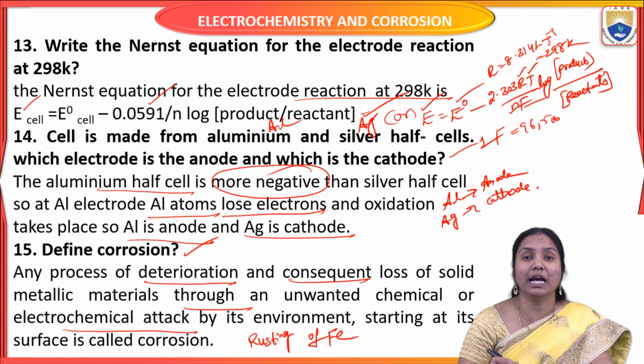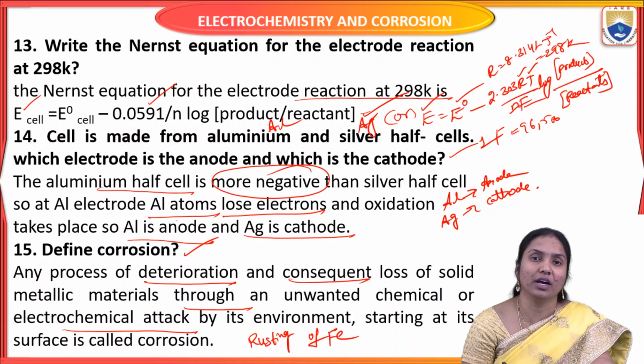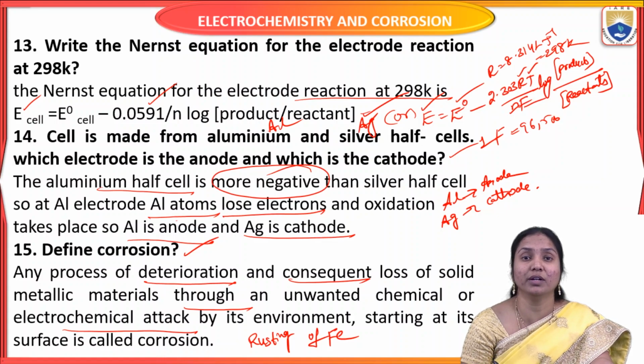So the natural tendency of metal is to get oxidized back to its original position, and that is called corrosion. But in most cases, metal undergoes corrosion by environmental conditions or atmospheric gases. The best example of corrosion is rusting of iron.